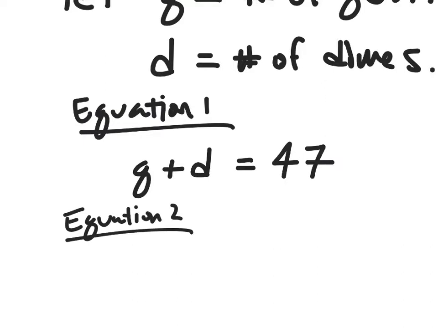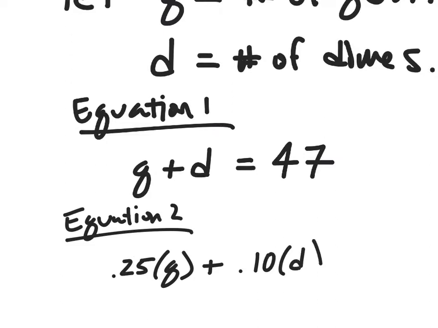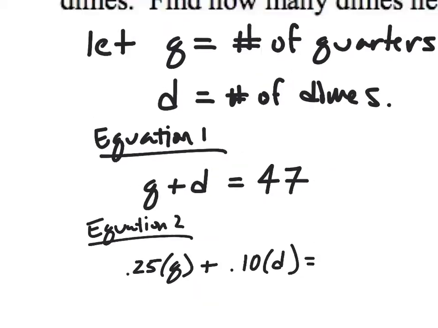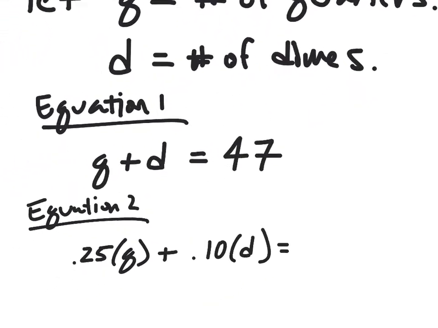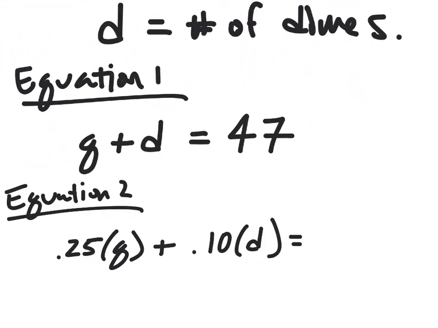If I take a quarter, which is 25 cents, and multiply it by the number of quarters, Q, and add that to a dime, whose value is 10 cents, so 10 times D, then that's going to equal $6.95. Let's think about this for a second.